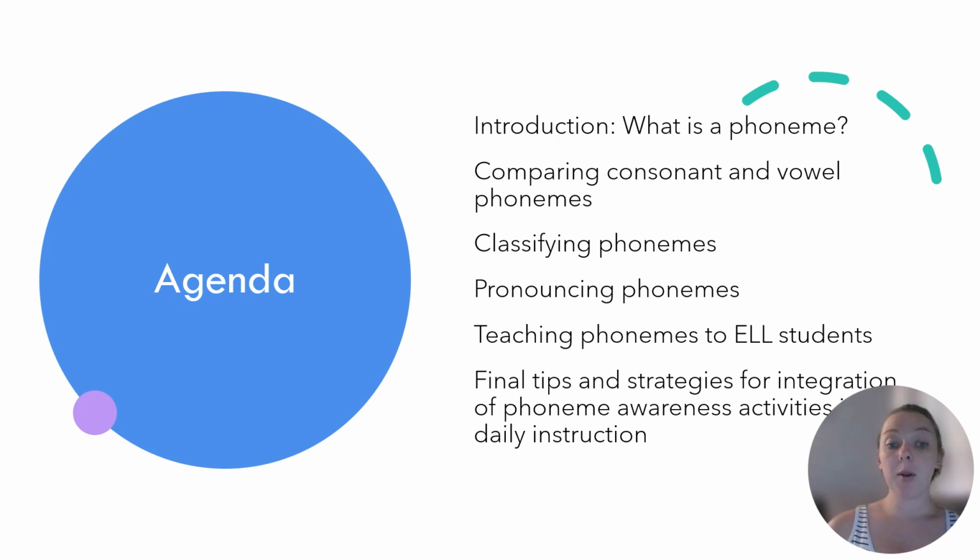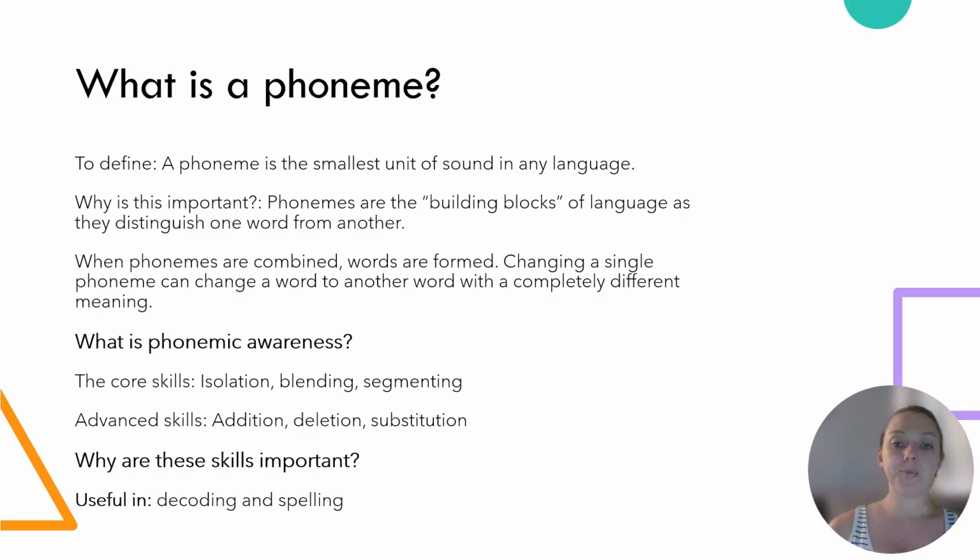After that, I'm going to give you some strategies for teaching phonemes to your English language learners. And then I'm going to give you some final tips and strategies for integrating phonemic awareness activities into your daily instruction. So let's get started.